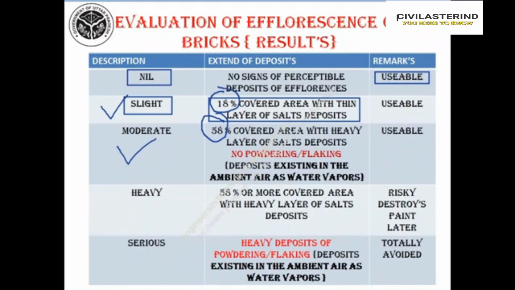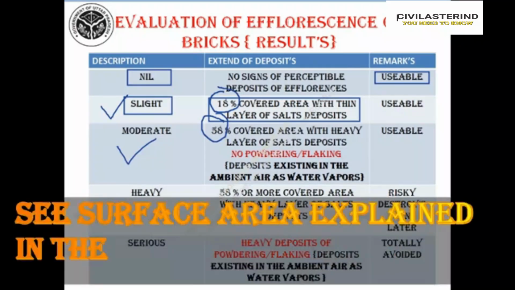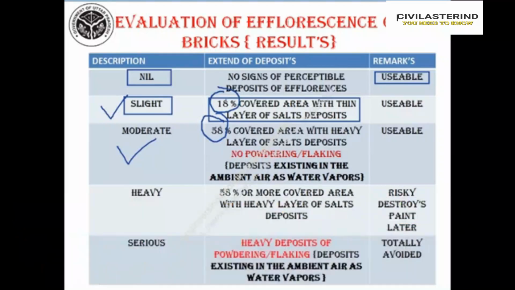When we talk about the surface area, it means the sides, the length and breadth of the surface area in which it could be in contact or it is in contact. I'll just explain you the term surface area right now.